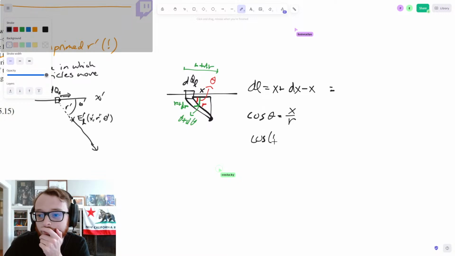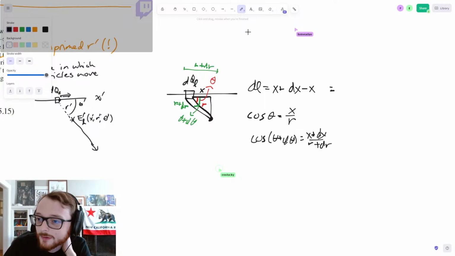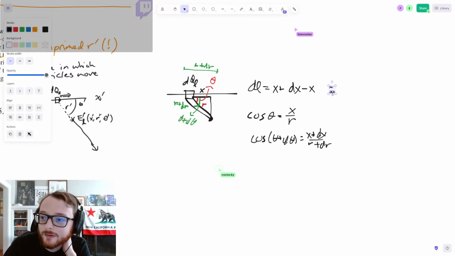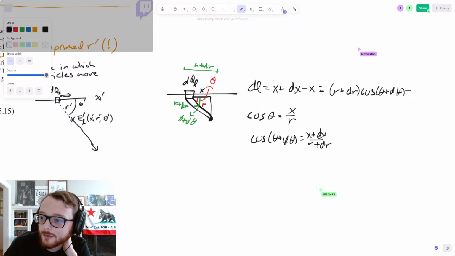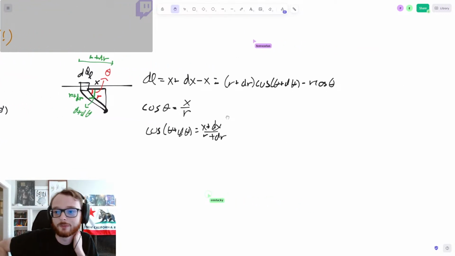So then cosine of theta plus d theta is equal to x plus dx over r plus dr. So if I'm not being too unhinged right now, I think we have r plus dr times cosine of theta plus d theta minus r cosine theta is equal to dl, and we want to get rid of the r's or thetas somehow.